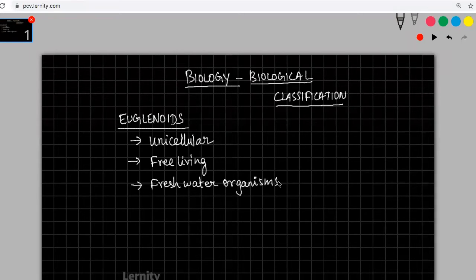So this is the basic idea of euglenoid. If you are going to talk about this particular euglenoid in a slightly detailed way, you just see, this particular euglenoid will be having a structure like this.